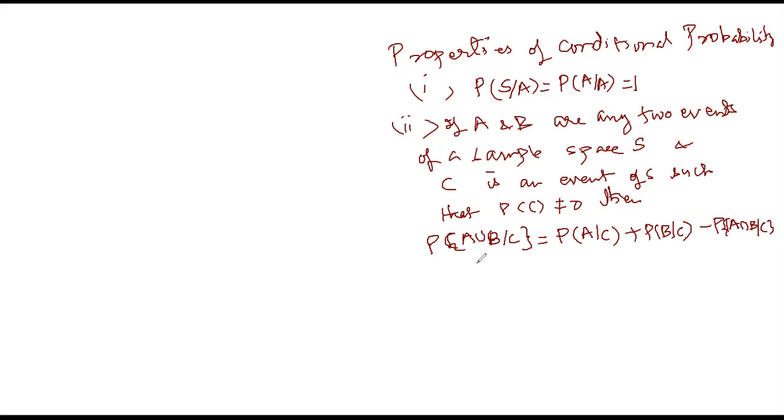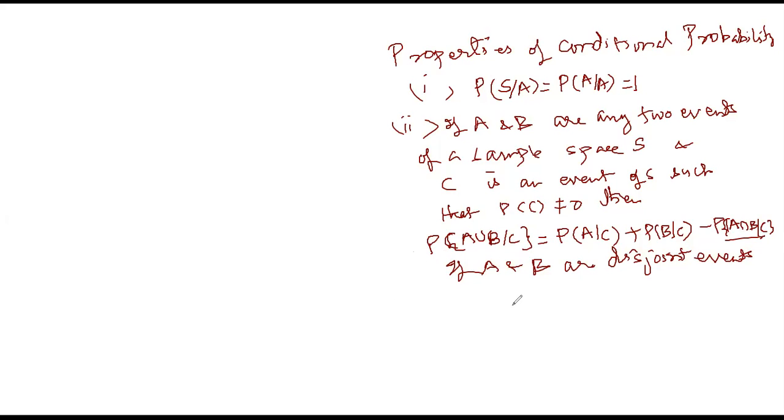So this is the same formula that we did. And you know that if A and B are disjoint events, as we did in class 11th, then A intersection B will be 0, so this will become 0.